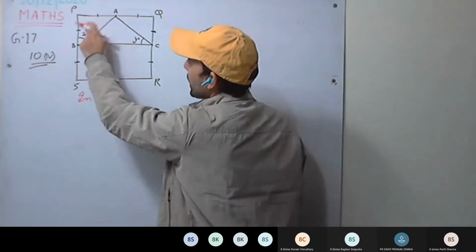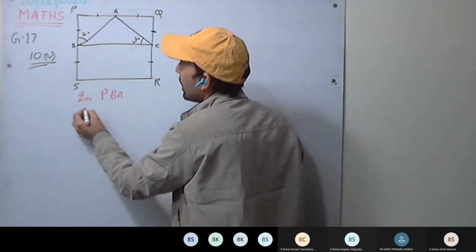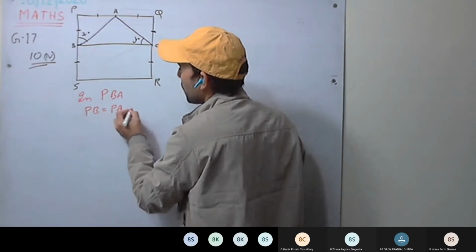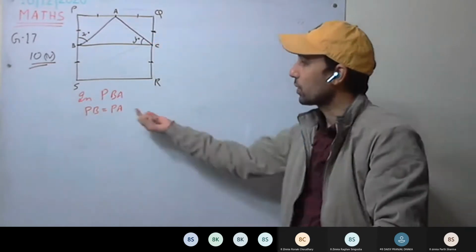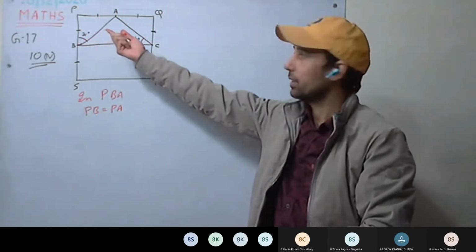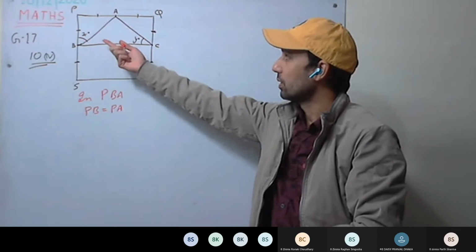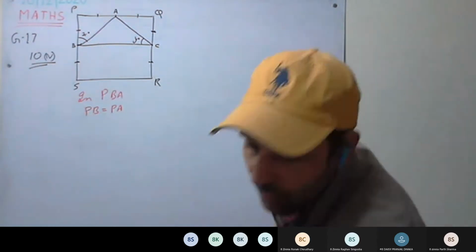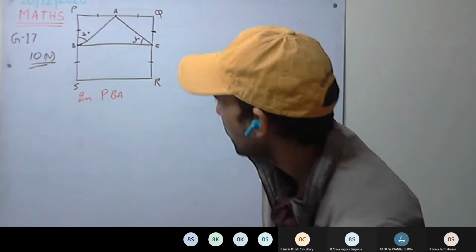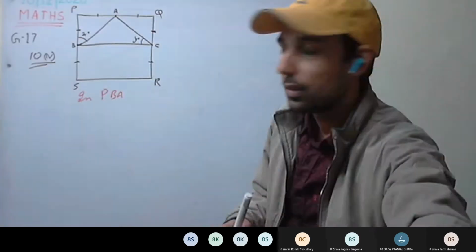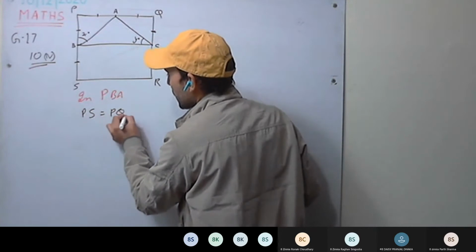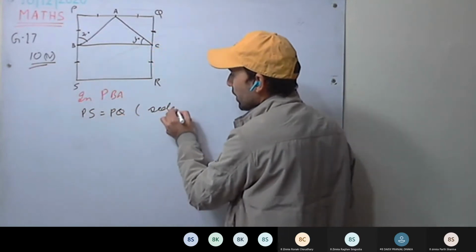What kind of triangle is this? PB equal to PA. Why are they equal? Because they are half of PS and PQ, and PS equal to PQ. For one minute, write it like this. PS equal to PQ. This is clear? Sides of a square.